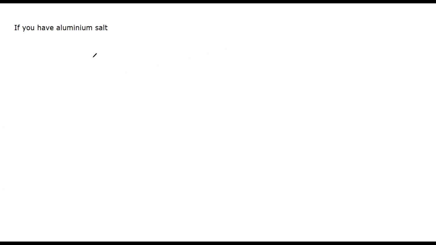It means it contains aluminum, and there is another element, we don't know which, say X, or it can be Y. Any other element is there. So you want to show the presence of aluminum. How do you show the presence of aluminum? You will add sodium hydroxide, NaOH.